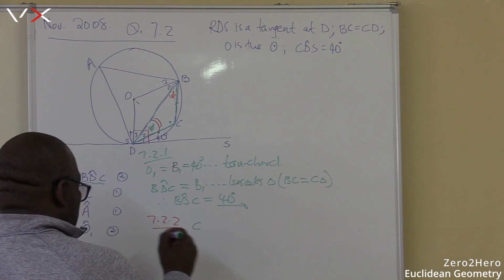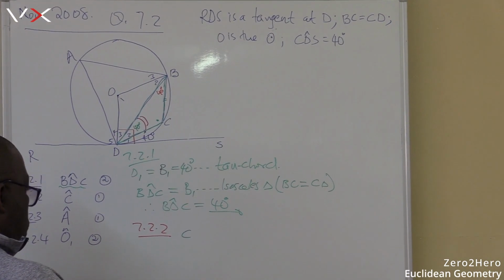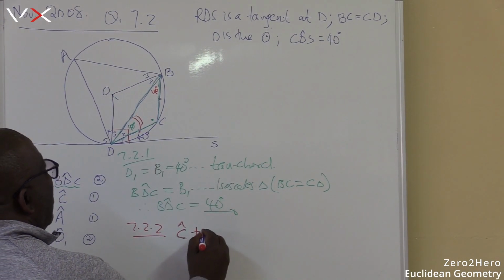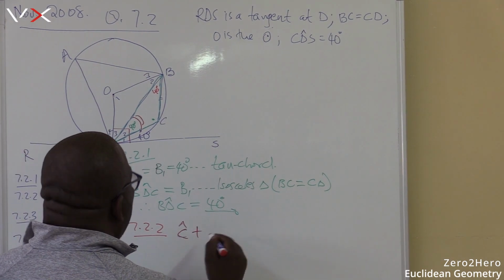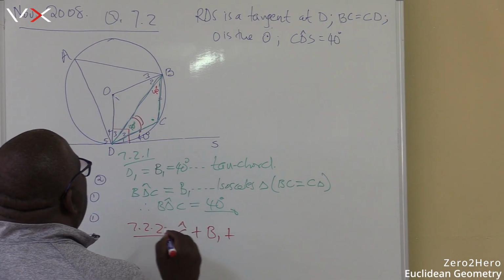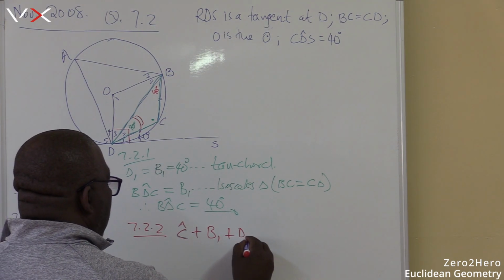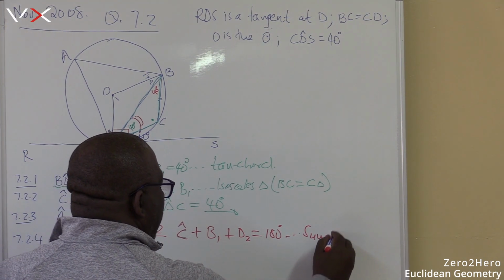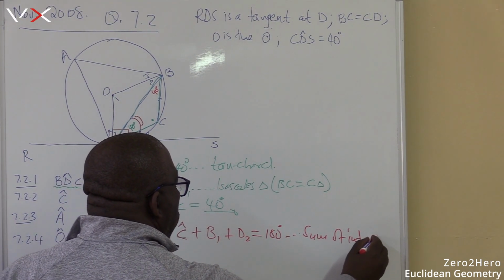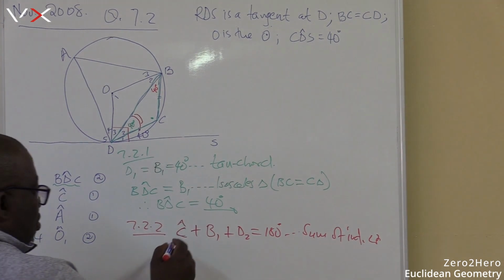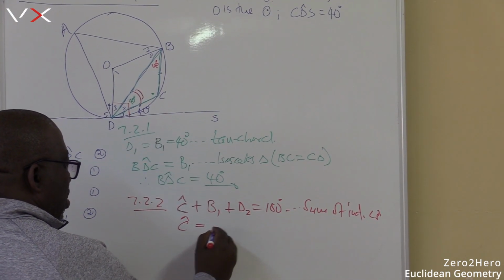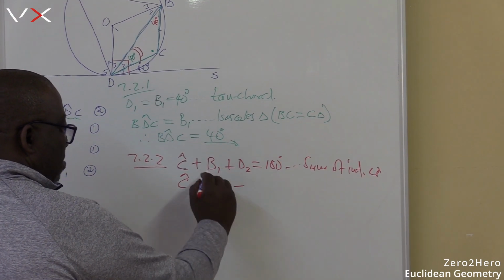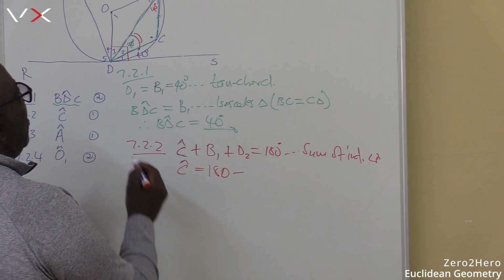So in other words, we're looking for angle C. So we know that angle C plus angle B1 plus angle D2 is equal to 180 degrees. The reason: sum of interior angles of a triangle. So C will be equal to 180 minus B1 minus D2.